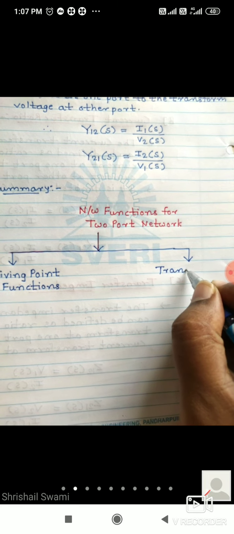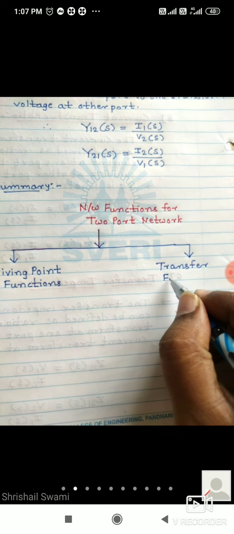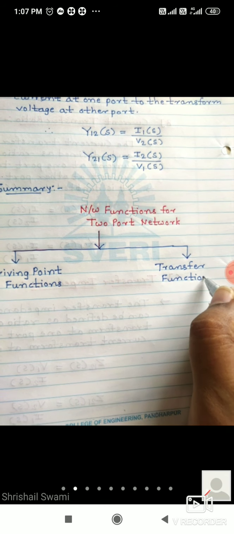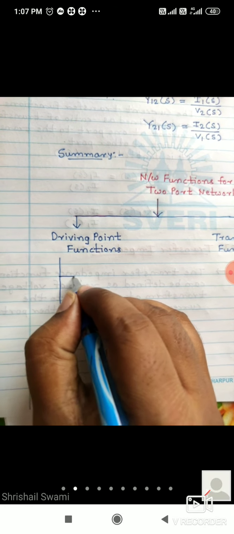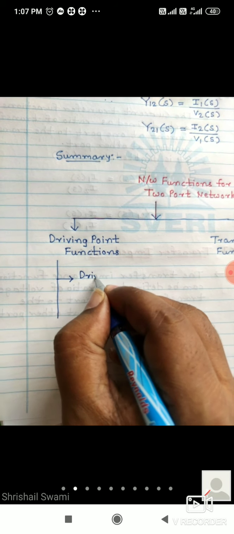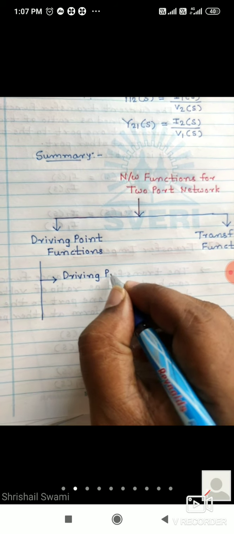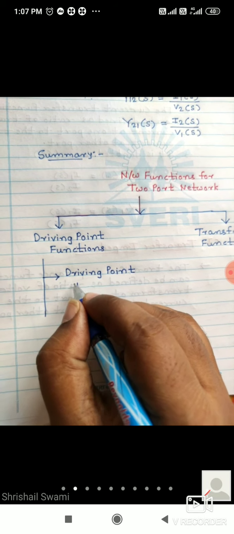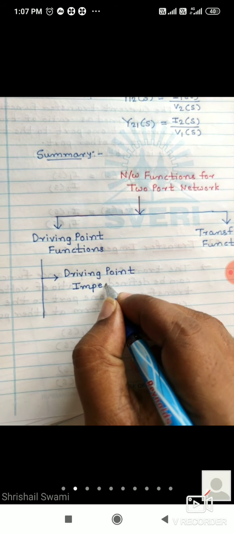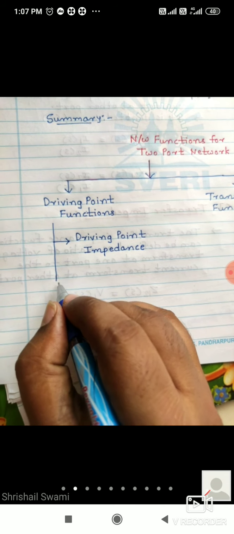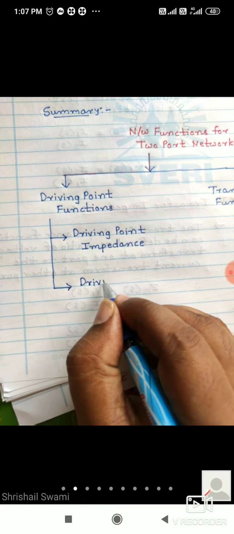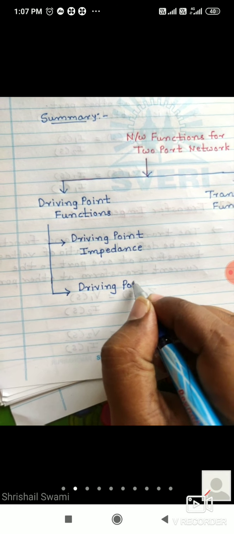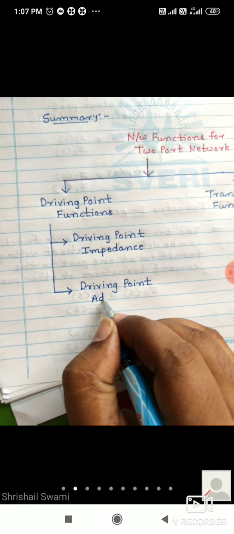Here it is coming transfer functions. Okay, so in driving point function, which will come? Two types will come. So first one is driving point impedance. And the second one will be driving point admittance.